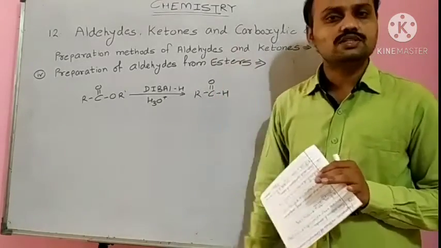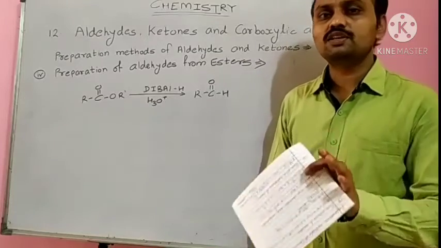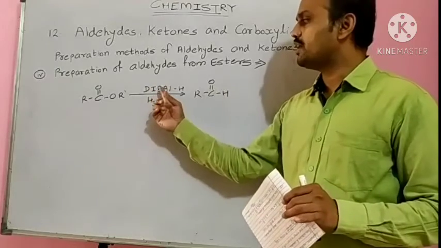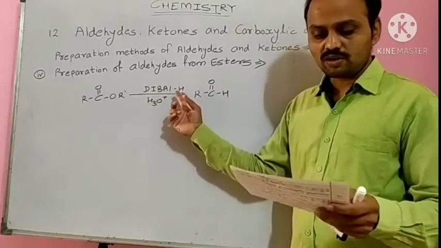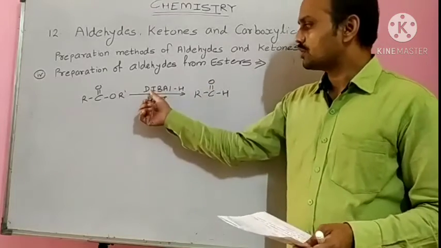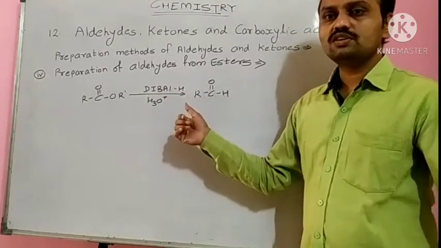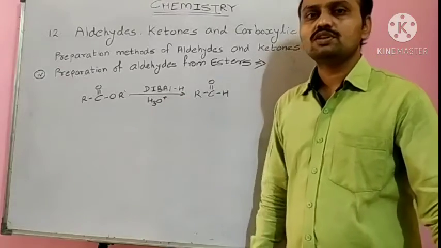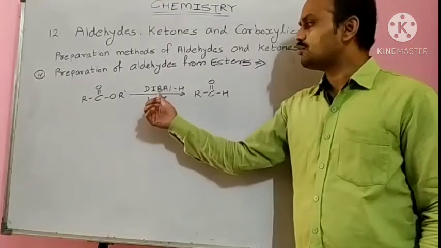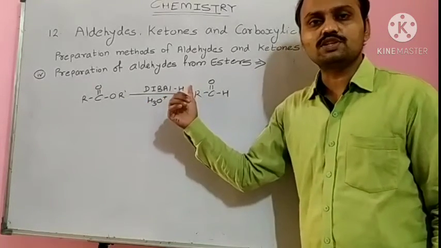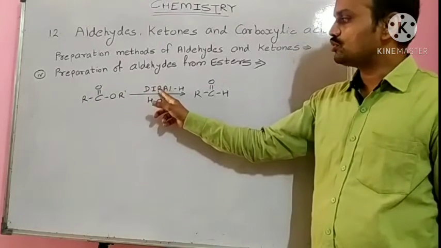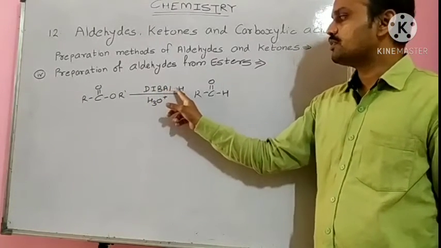Which reducing agent is used? A very important name, and please remember this name, students: DIBAL-H is the name of this reducing agent. Its full name is di-isobutyl aluminium hydride.